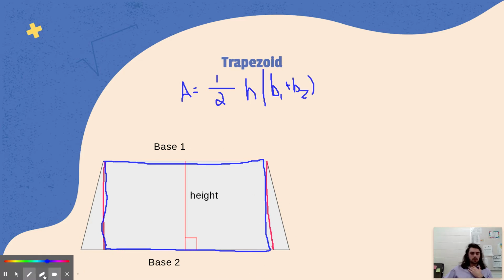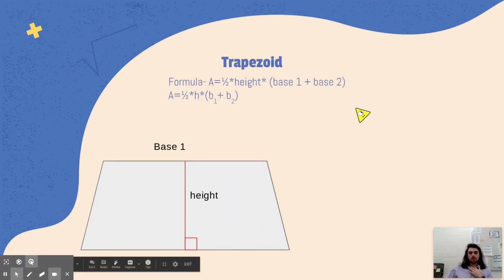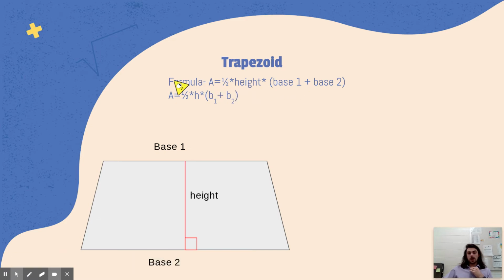All right, so I'm going to clear out my ink so you can write out the trapezoid formula. So you can write it as the height. I would write it out both ways so you can see it in both formats where you have the words and you know what H means and you know what B1 and B2 means, just so you know what we're going to be working with. All right.